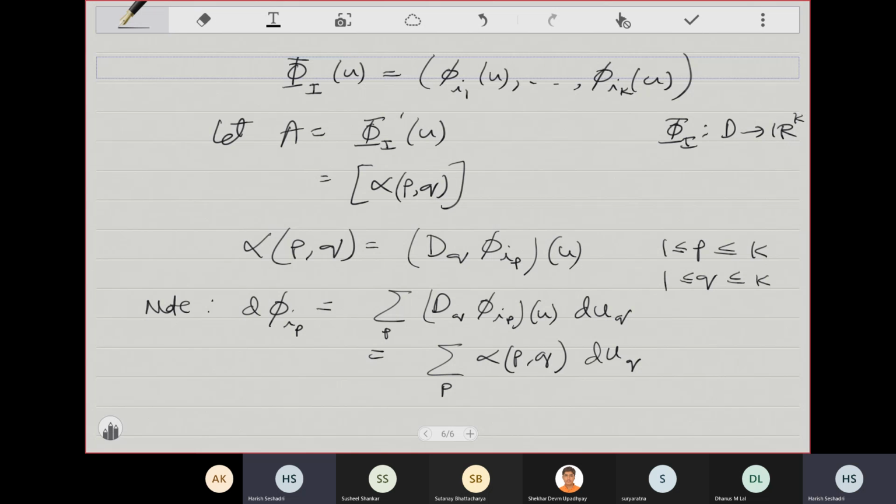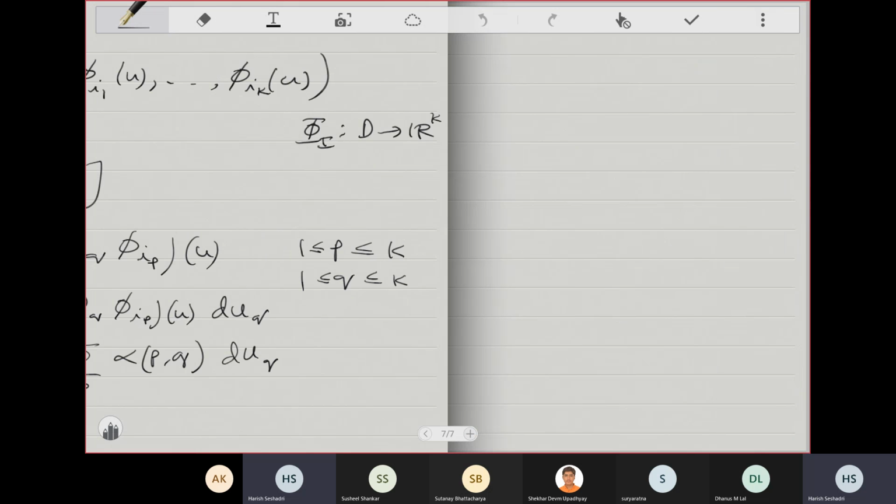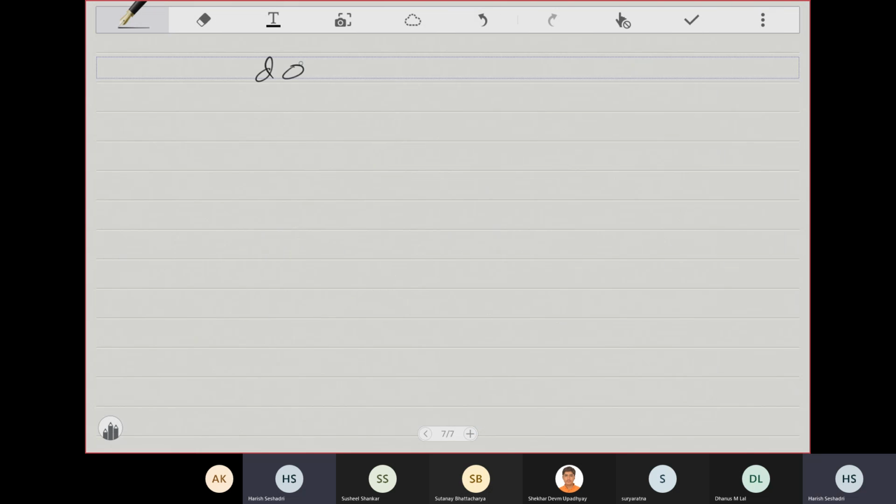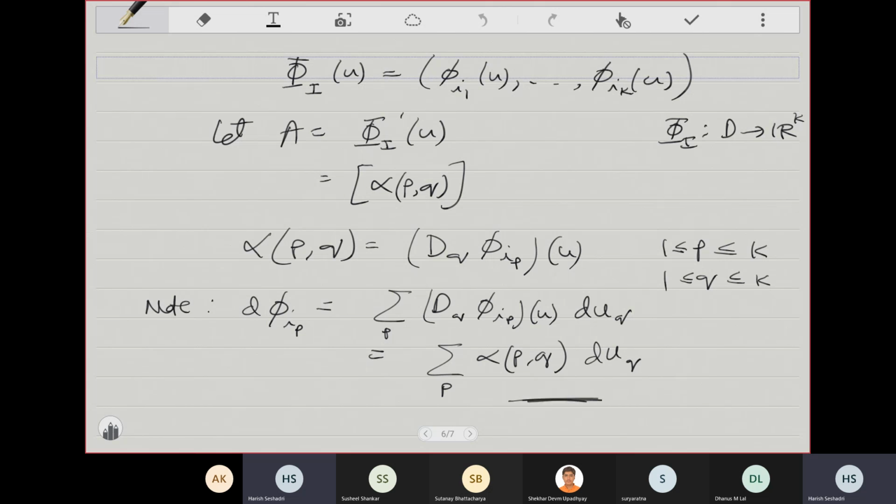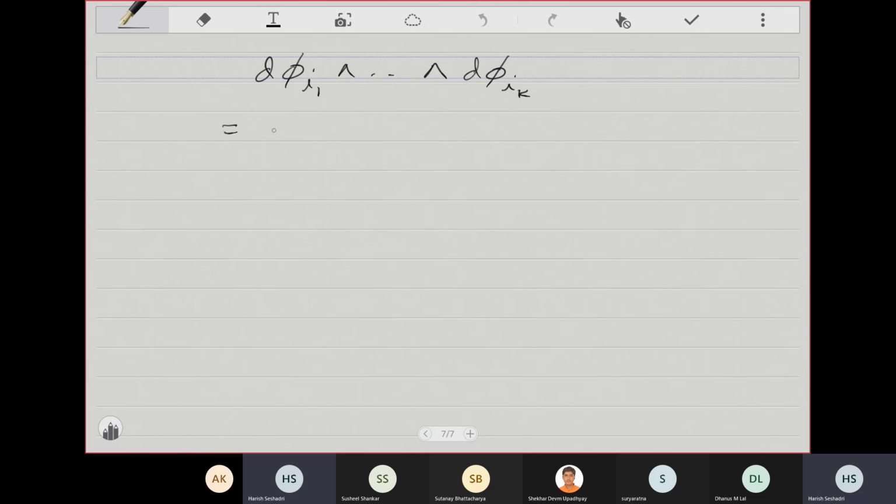Now let's plug in all these expressions. So what we are interested in is, remember we were trying to simplify this, d phi I1 wedge d phi Ik. Well, for each of these d phis, you plug in these expressions here. So for instance, the first one will be summation over alpha 1 q.